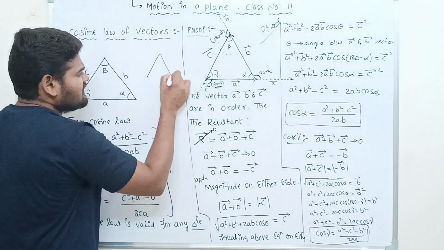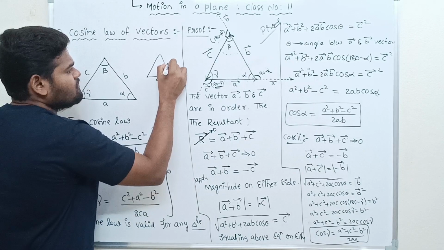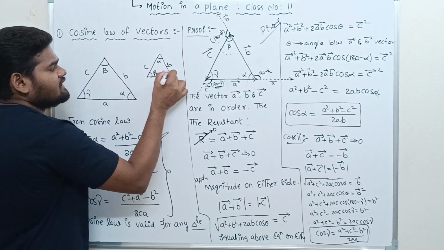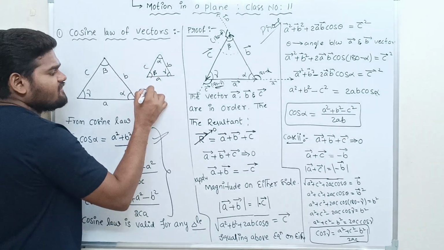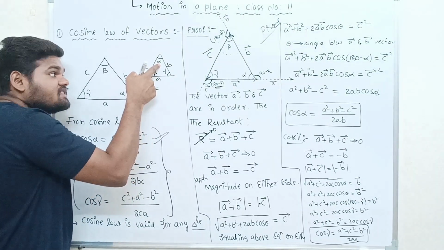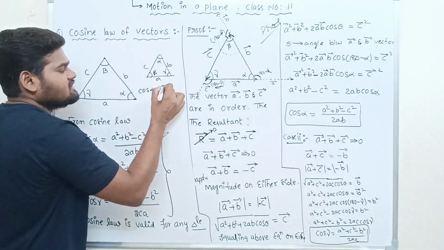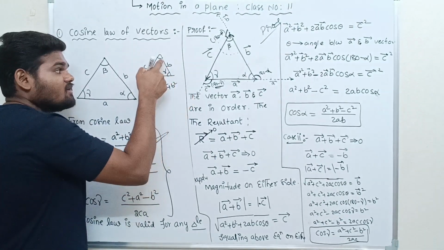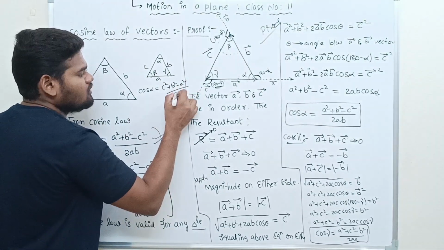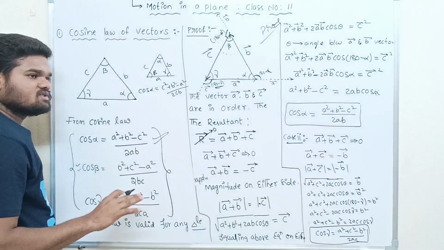In any triangle, whatever the angles given, either it is A, B, C. Here itself we have alpha, here beta, here gamma. If you want to write the equation for cos alpha, then cos alpha is equal to, what are the adjacent sides of this alpha? C and B. Just write C square plus B square. What is the opposite side for this alpha? A. Minus A square divided by 2CB, or 2BC, whatever it is.